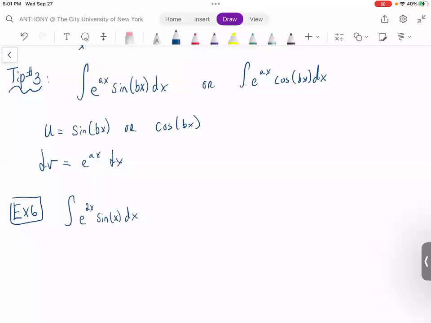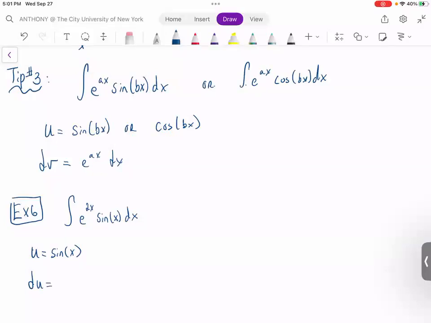Here we have example 6 that says the integral of e to the power of 2x times sine of x dx. So what's my u here? My u has to be sine of x. The good news about u being sine of x is we just got to get its derivative. What is the derivative of sine of x? Careful, we're doing derivatives now.